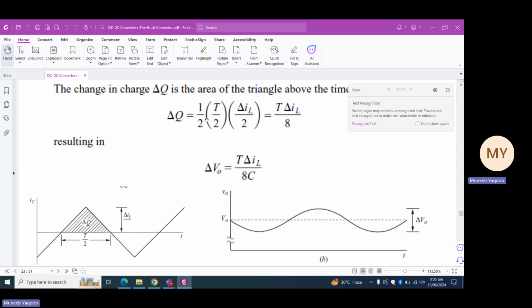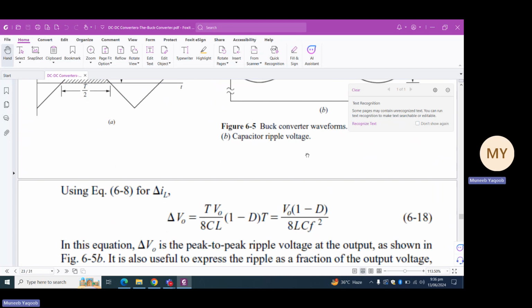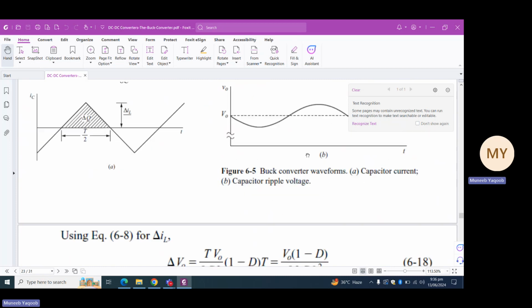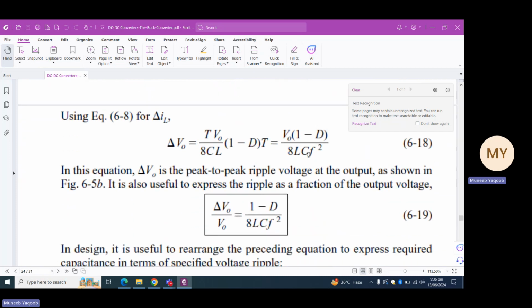If we multiply half by T by 2 by delta IL by 2, we conclude that delta Q equals T times delta IL upon 8, and hence delta V naught is equal to T times delta IL upon 8C. And again, from this expression, we can find the value of percentage ripple, that is delta V naught upon V naught, which is represented by equation 6.19.